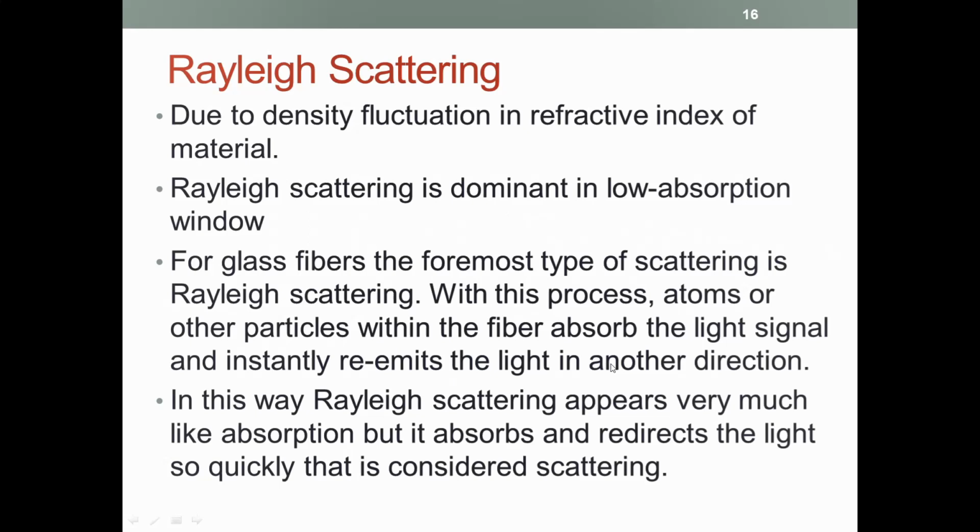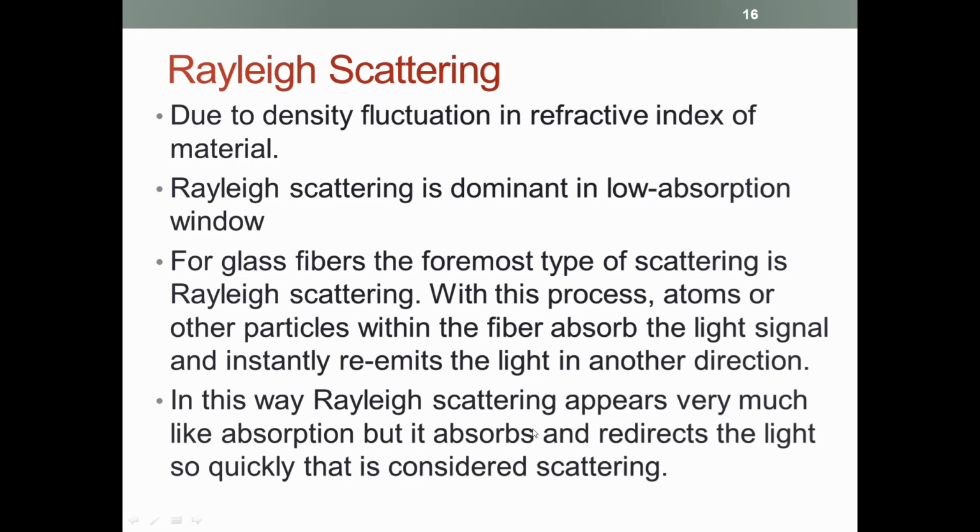Okay, what actually is Rayleigh scattering? Due to the density fluctuation, the density of the refractive index of the core or the cladding, we have Rayleigh scattering. Rayleigh scattering is dominant in low absorption windows. For glass fiber, the foremost type of scattering is Rayleigh scattering. With this process, atoms or other particles within the fiber absorb the light and instantly re-emit the light in another direction.